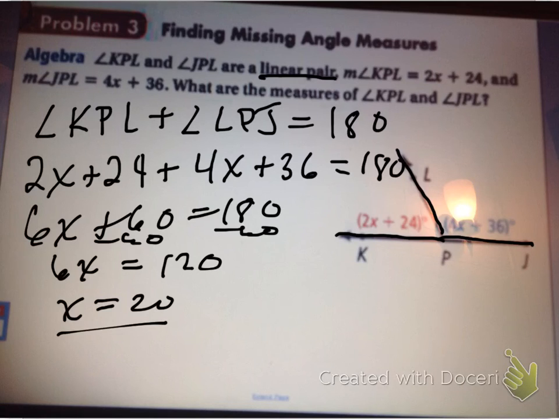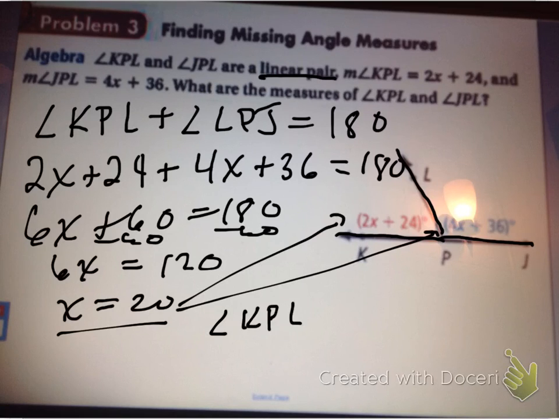Step 2 now is to plug x into the expression for what each of those angles is. Angle KPL is going to equal 2 times 20, which is 40, plus 24. So that's going to be 64 degrees measure.